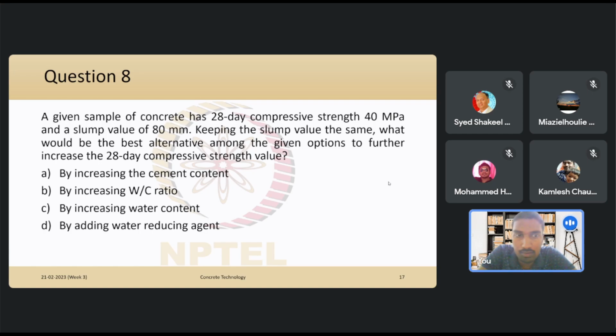Okay, so the right option is option D, right?